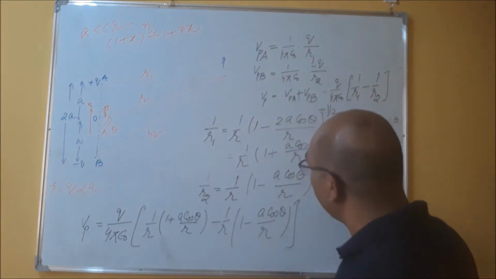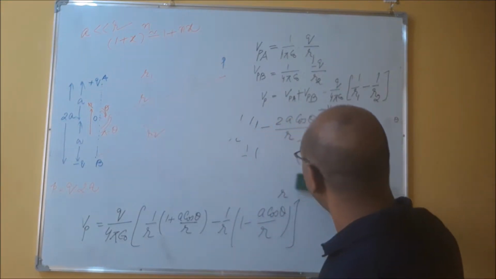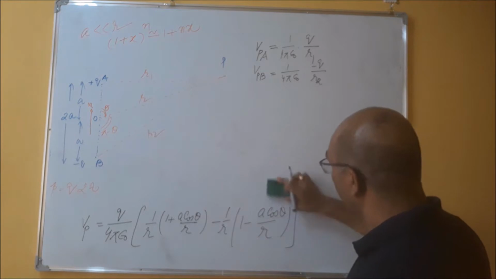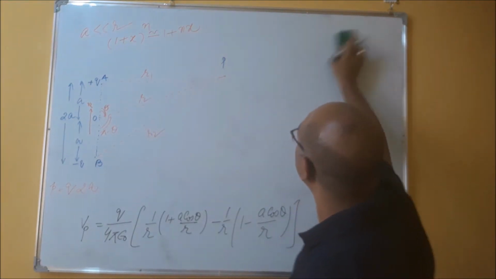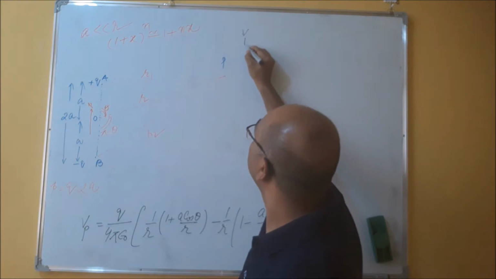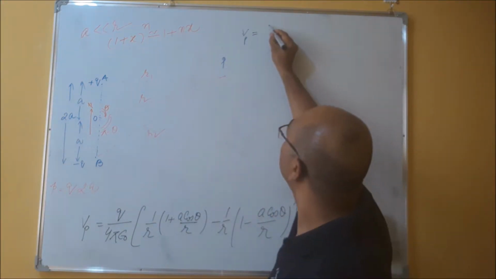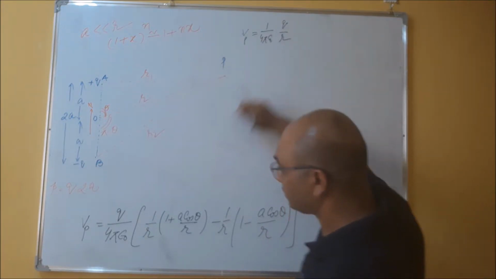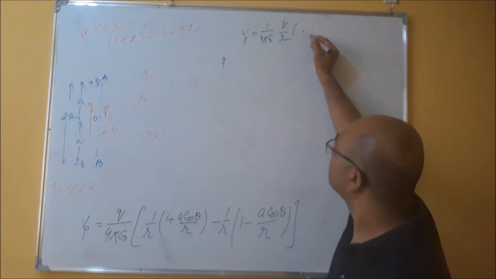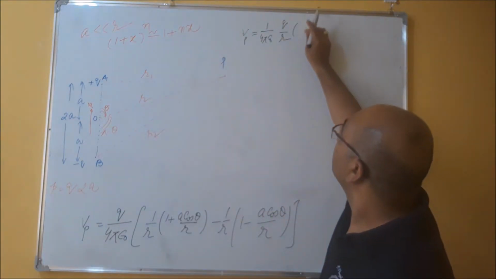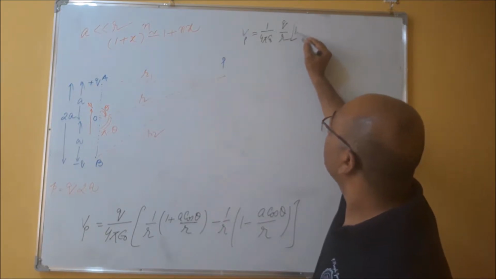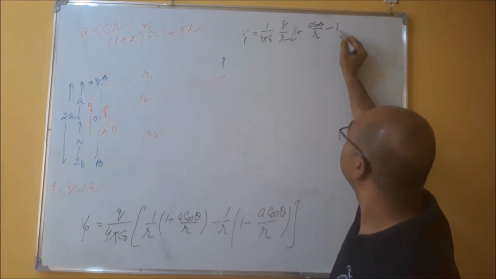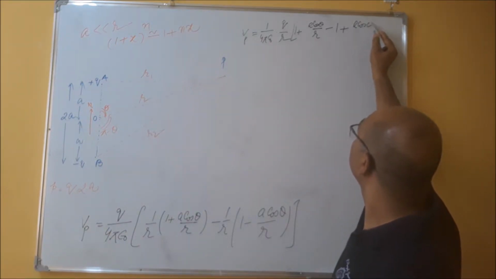So if you take this common, Vp can be given as 1 upon 4 pi epsilon naught, q upon r common, and inside the bracket, (1 plus a cos theta upon r) minus (1 minus a cos theta upon r).